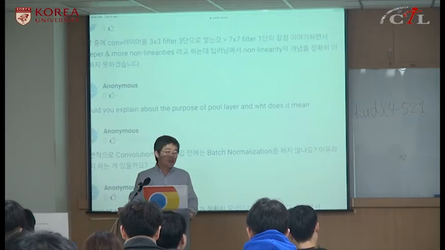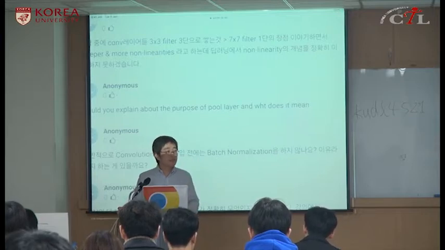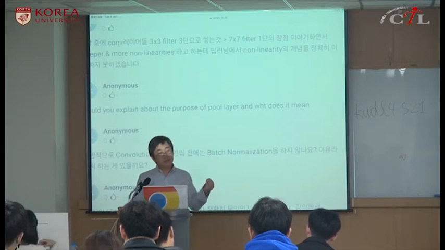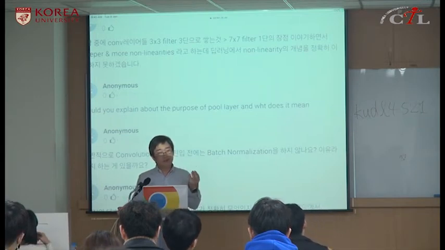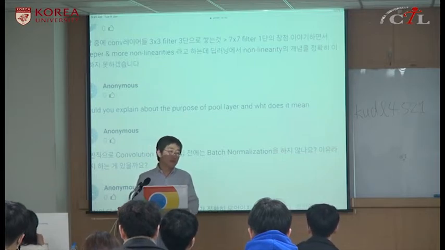If we use it just before a convolutional layer, batch normalization is scaling and shifting our activation values, right? Shifting means we add some bias, and scaling means multiplying by a particular value.